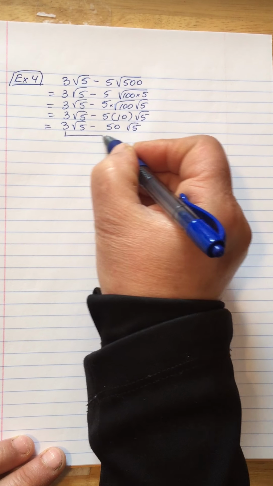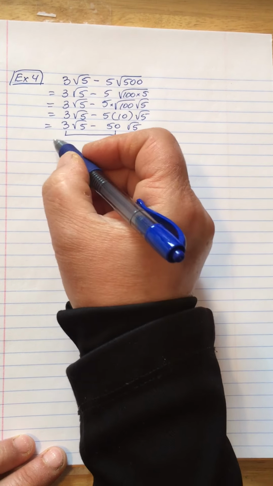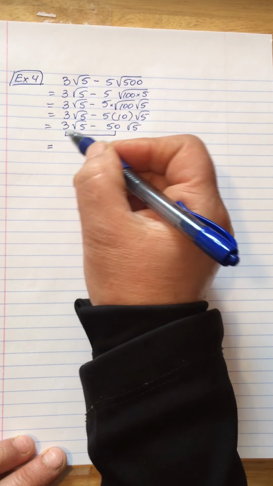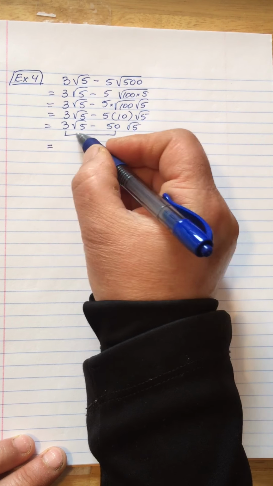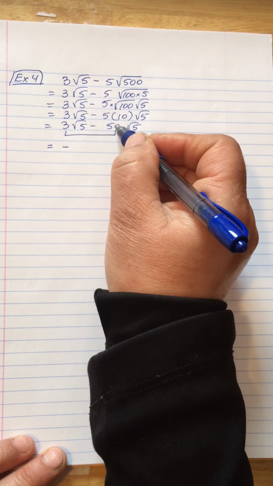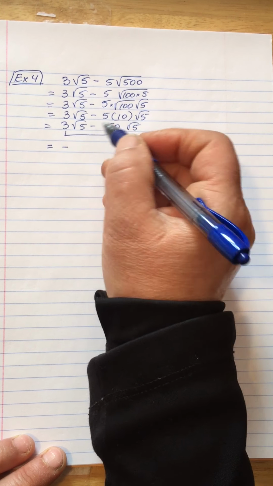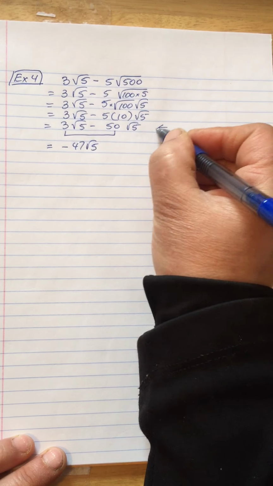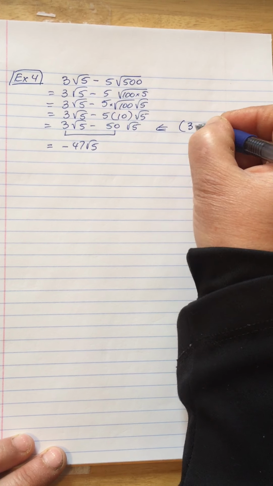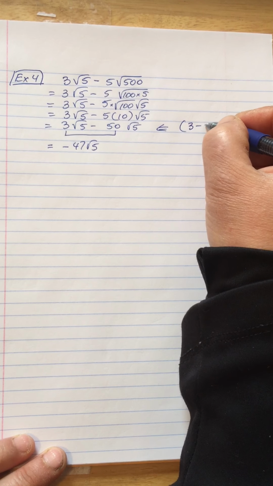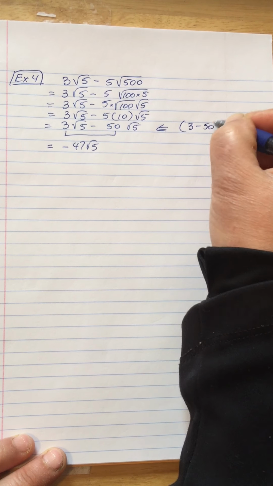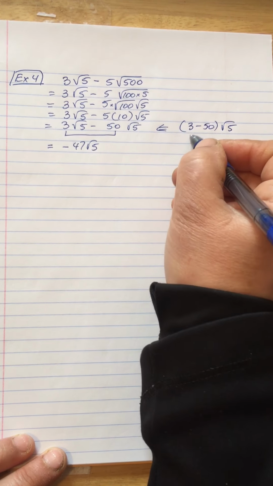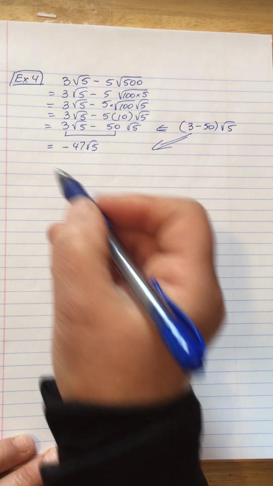Again, working with the numbers, or let's call them coefficients. Okay, so this is a subtraction. Keep the sign of the largest and subtract from 50. 50 minus 3 is 47. Again, you can work it by just factoring out the square root of 5, and you'll be left with this.